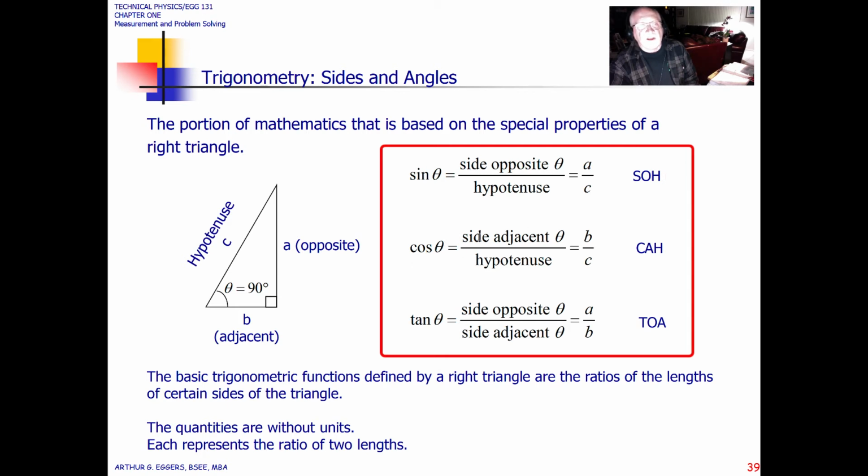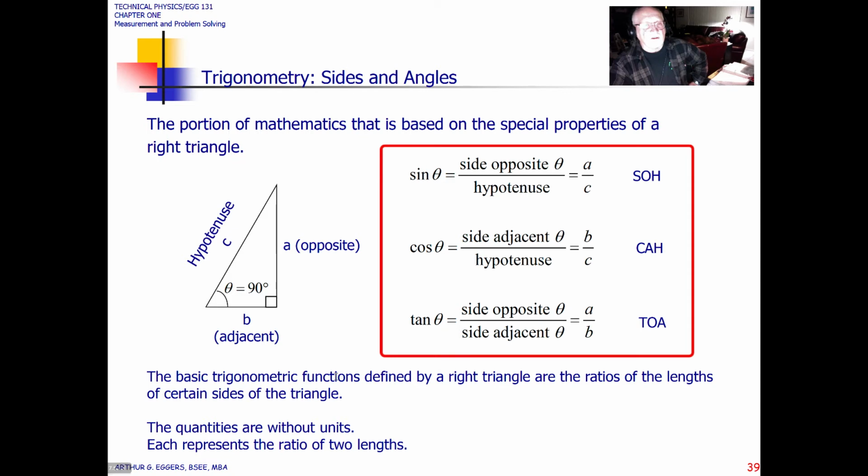The cosine of theta is the side adjacent to theta divided by the hypotenuse, which is side b over c, and we call it CAH, cosine adjacent hypotenuse. And the last one, TOA. The tangent of theta is the side opposite the angle theta over the side adjacent to angle theta, or a over b. So SOHCAHTOA, a quick mnemonic to remember what sine, cosine, and tangent are as they relate to the sides of a right triangle.